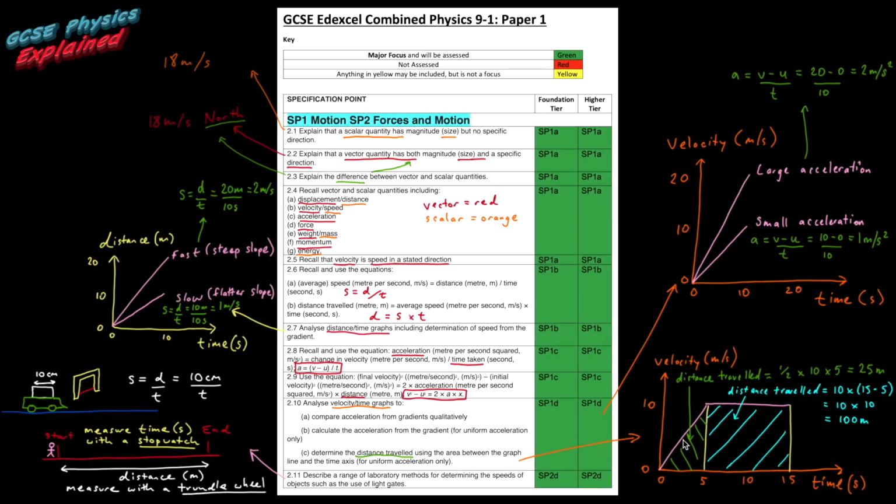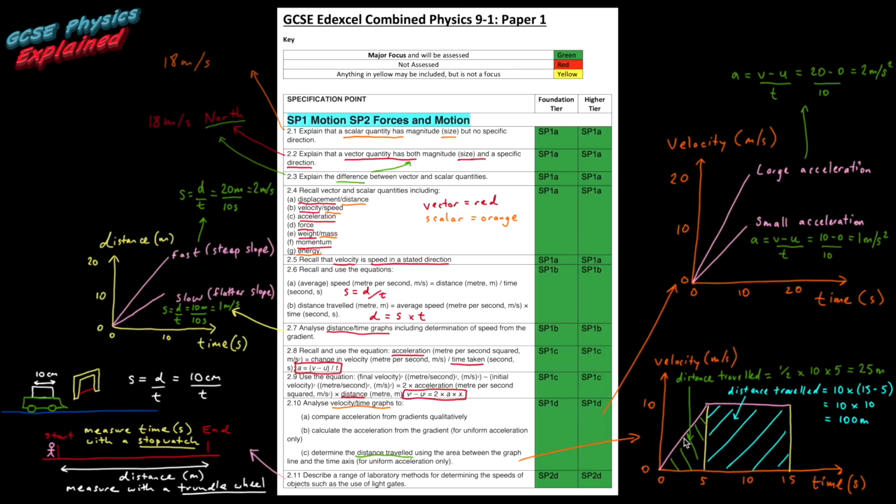So the velocity goes up the side and the time goes along the bottom on a velocity-time graph. The slope shows us how much the velocity is changing over a given time, which gives us acceleration. The area under the graph gives us the distance travelled.